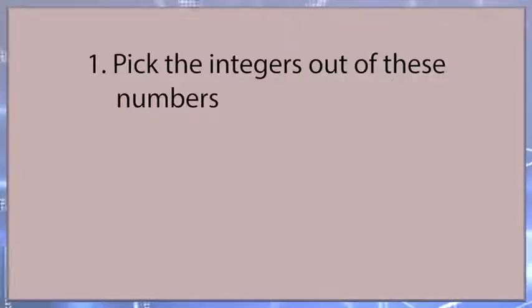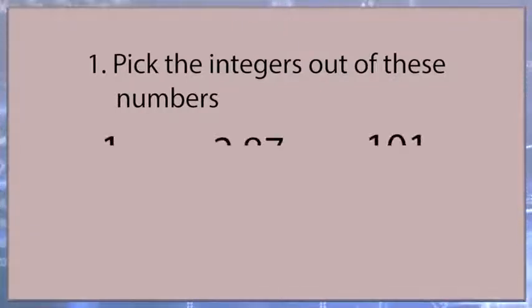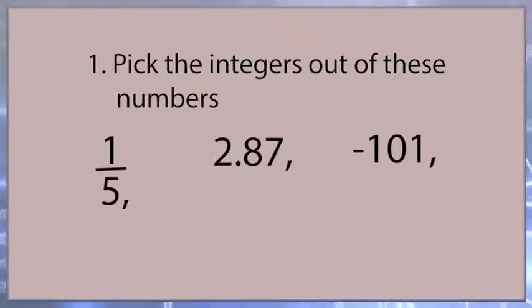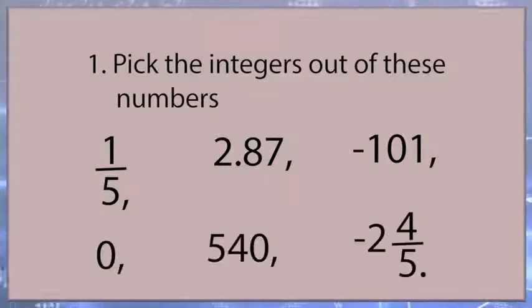Question number 1. It says, pick the integers out of these numbers. And our numbers are 1 over 5, 2.87, negative 101, 0, 540, and negative 2/4.